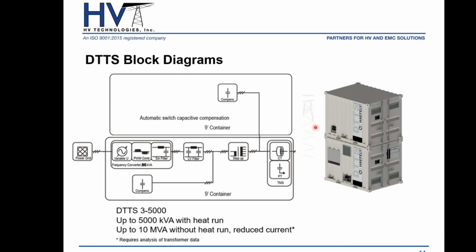And 10 MVA, depending obviously on all the analysis of transformer data, but that's basically where Haefely has been able to confidently say that they can reach up to 10 MVA without heat run. All again with a small footprint. This container stacked on top won't take up additional floor space.